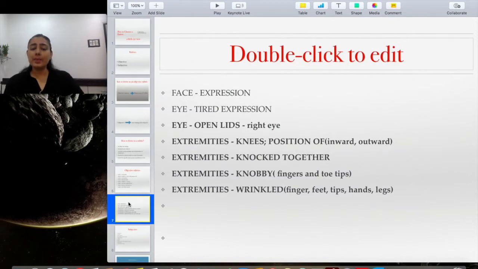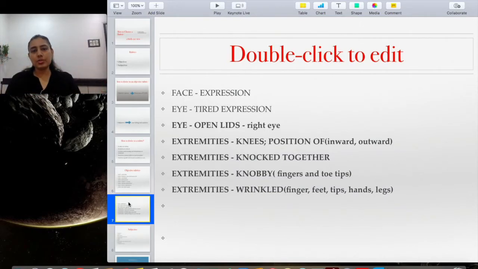Again, you have expressions, facial expressions. You can think of remedies which come into it. Eyes, tired expression: in many cases, just by looking at the eyes you can understand and give a remedy. Like I've given Lycopodium to so many people where I've seen their eyes were very tired.